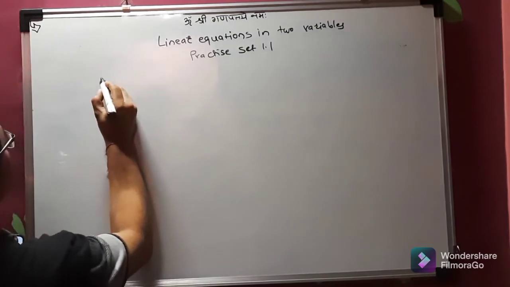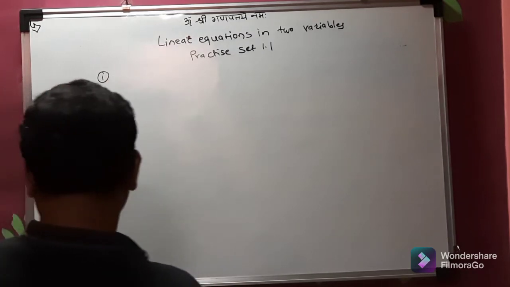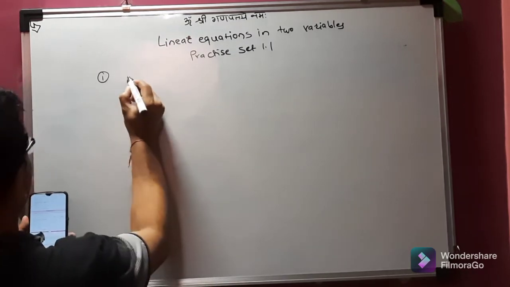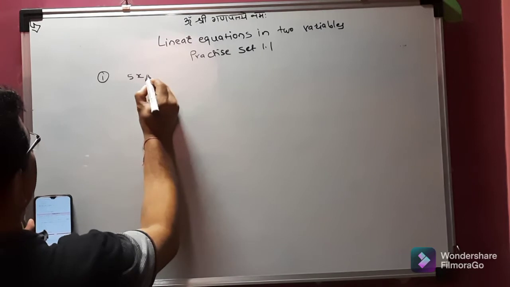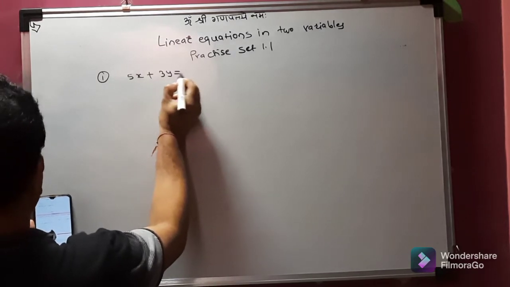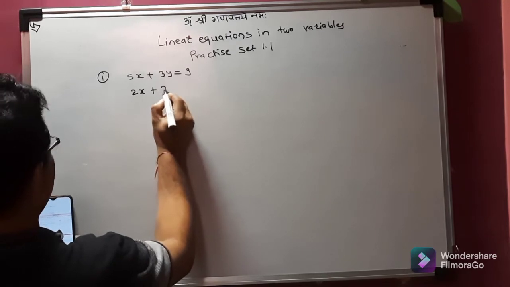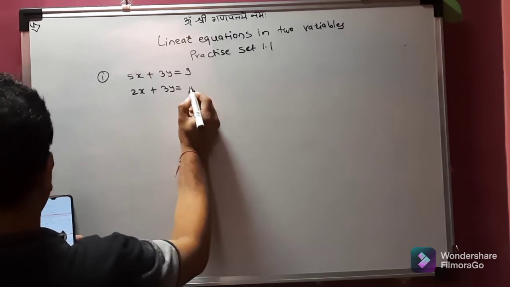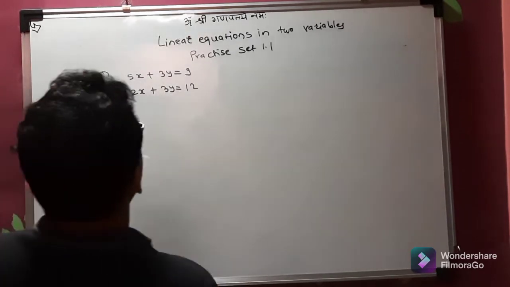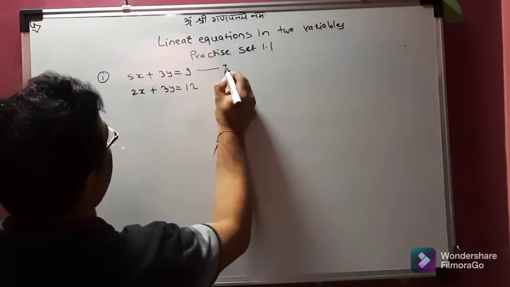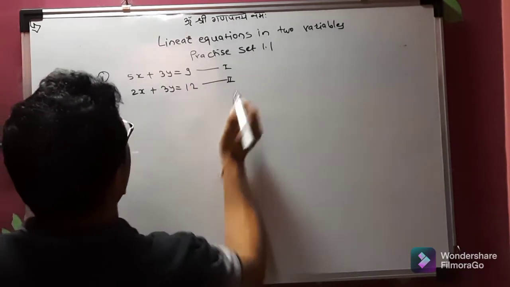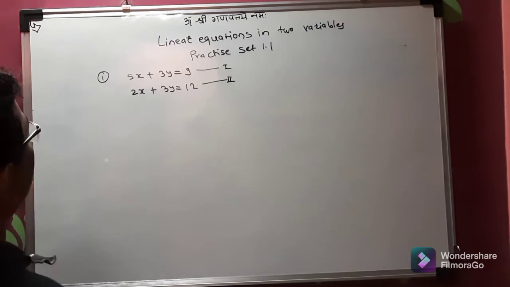So we will solve the first problem. Problem one, what have they written? They have written 5x plus 3y is equal to 9. Then 2x plus 3y is equal to 12. This is the first equation, this is the second equation. So what we will do? We will do one thing.